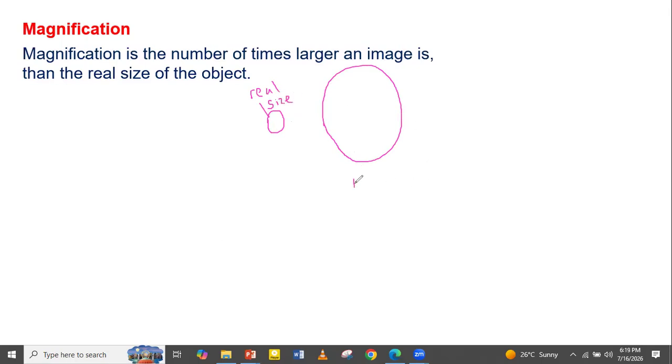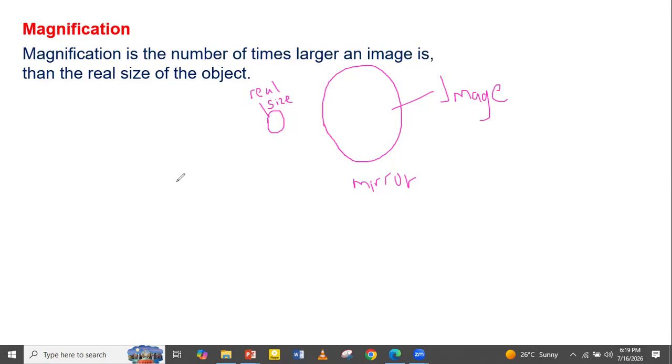Now, what you're seeing through this magnifying mirror is what we call an image. And you might be interested in finding out how many times this mirror has made my head bigger. The number of times your head is made bigger in the mirror is what we call magnification. The number of times larger the head in the mirror is compared to your real head. That is what we call magnification.